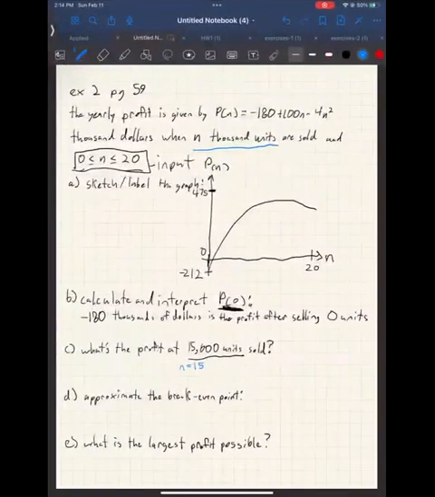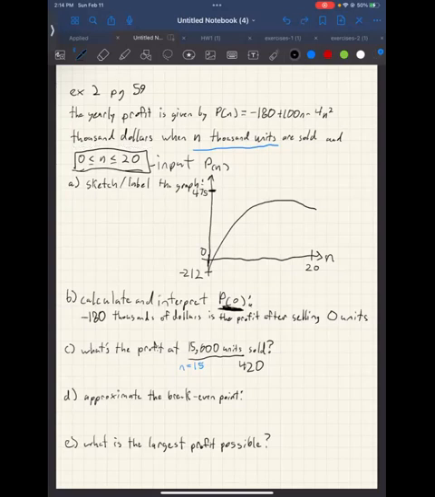So now our output here at 15,000 units sold should be 420. But again, our output is yearly profit in $1,000. So the profit at 15,000 units sold is $420,000.